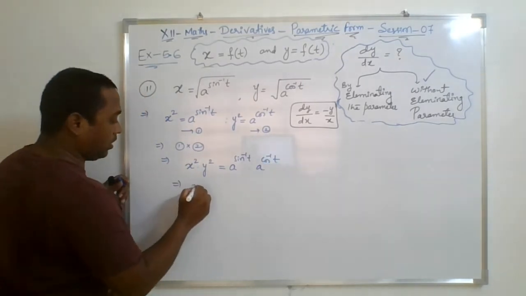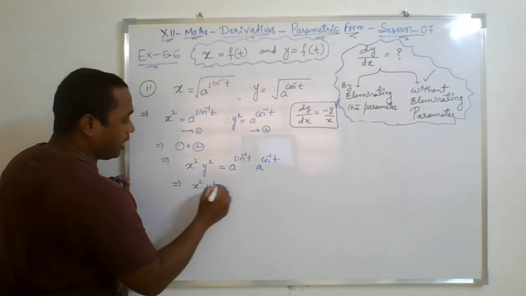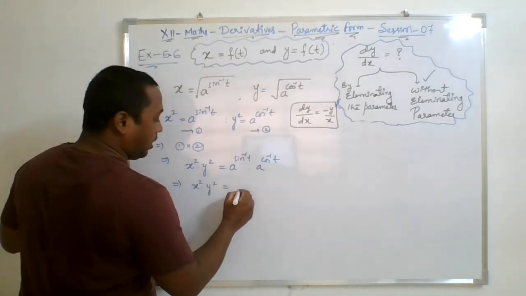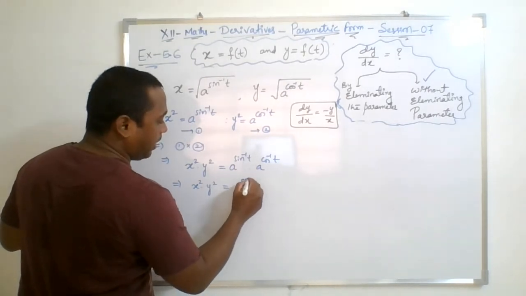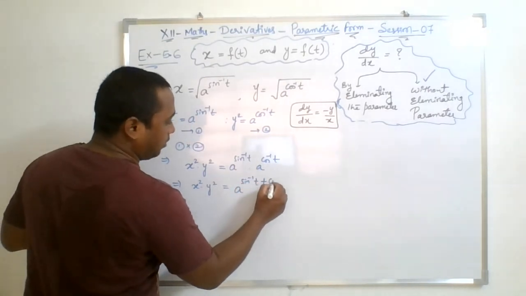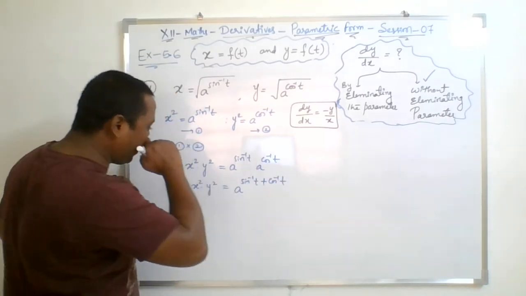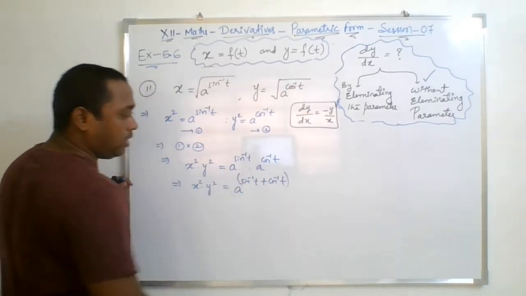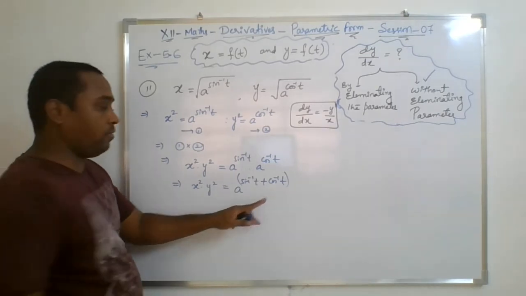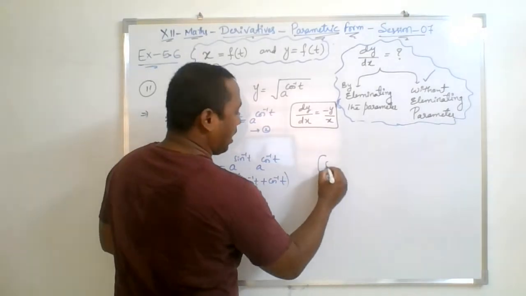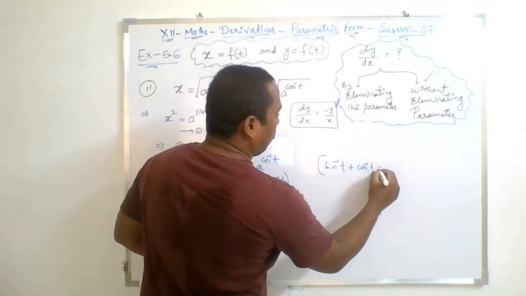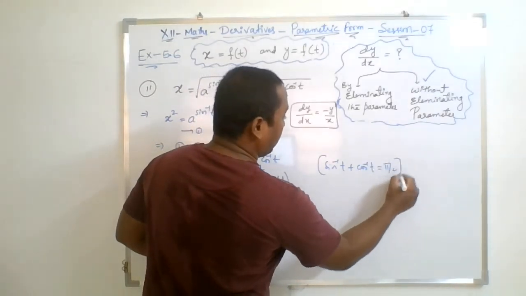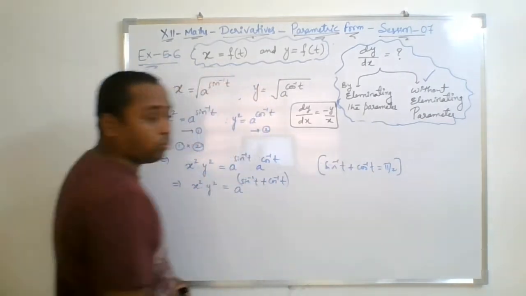So x square into y square will give a to the power of, their powers will be added by the rule of exponents, sine inverse t plus cos inverse t. So sine inverse t plus cos inverse t will give pi by 2, as it is the identity of inverse trigonometric ratios in their common domain.